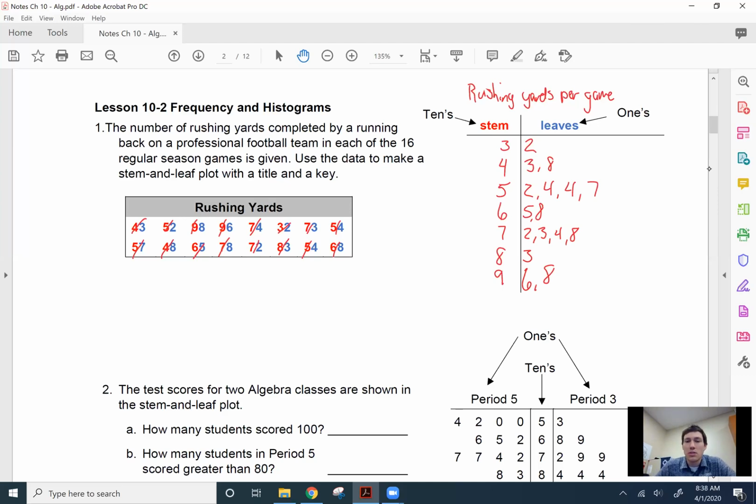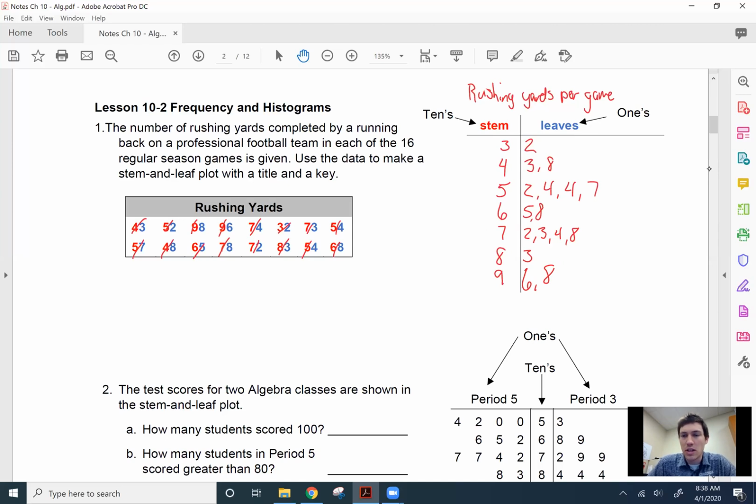Okay, so what makes this interesting is that we are able to look at this right away and go, well, he had a lot of 70-yard games and even a couple 90s games, some 50s, very little 30s and 40s.